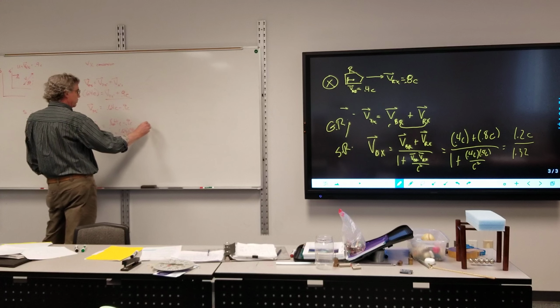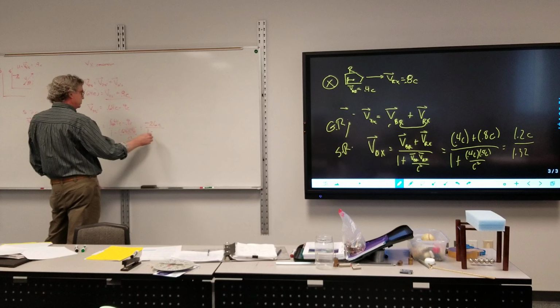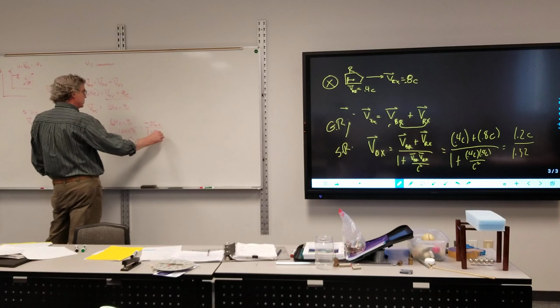This is negative 0.26 times the speed of light, and this is 1 minus whatever 0.9 times 0.64 is.